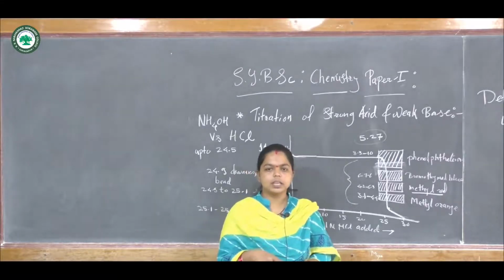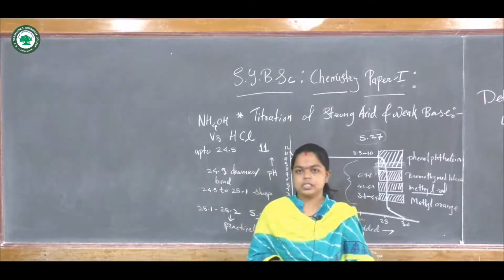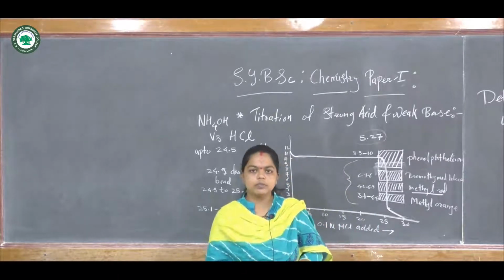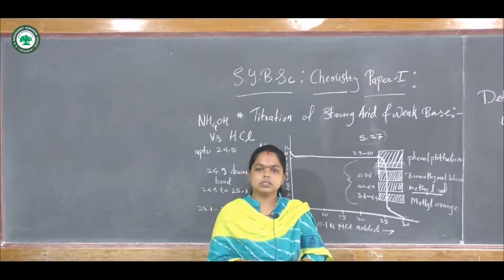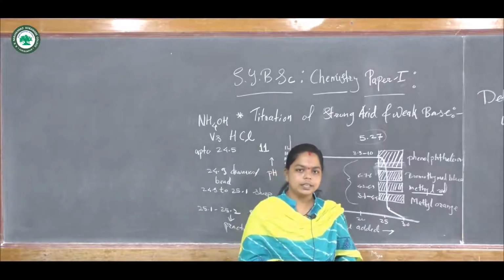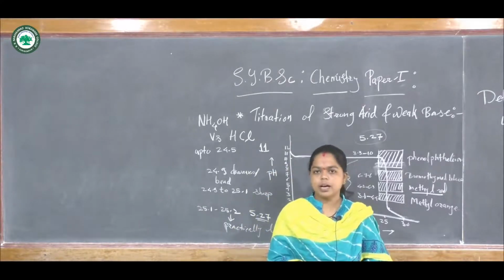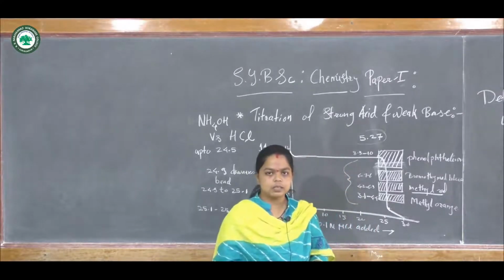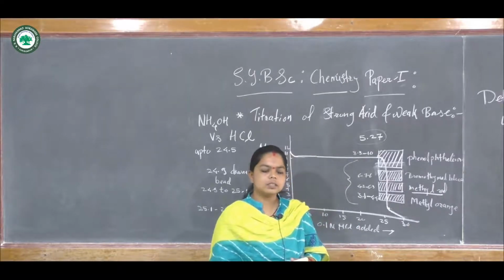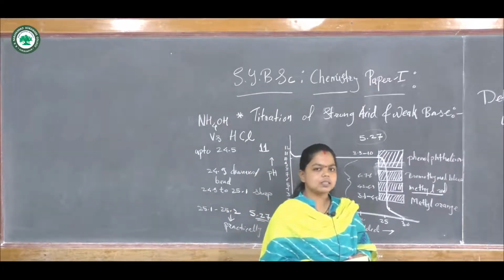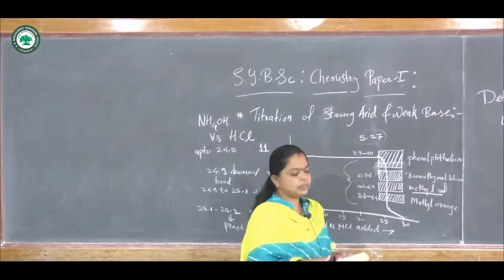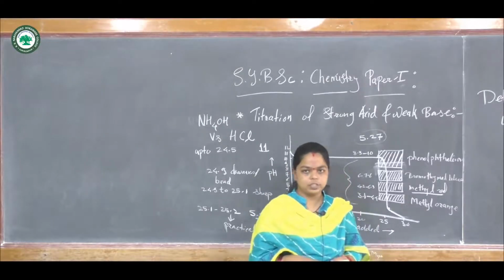So we take HCl, nearly 0.05 normal, in the burette, and it is titrated with the sodium carbonate, which is the weak base. The sodium carbonate sample is diluted and taken in the flask, and the indicator used for this titration is methyl orange indicator.